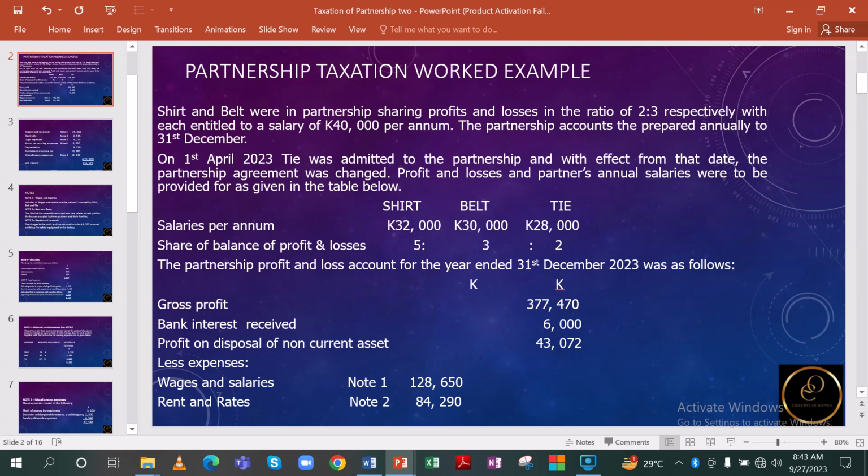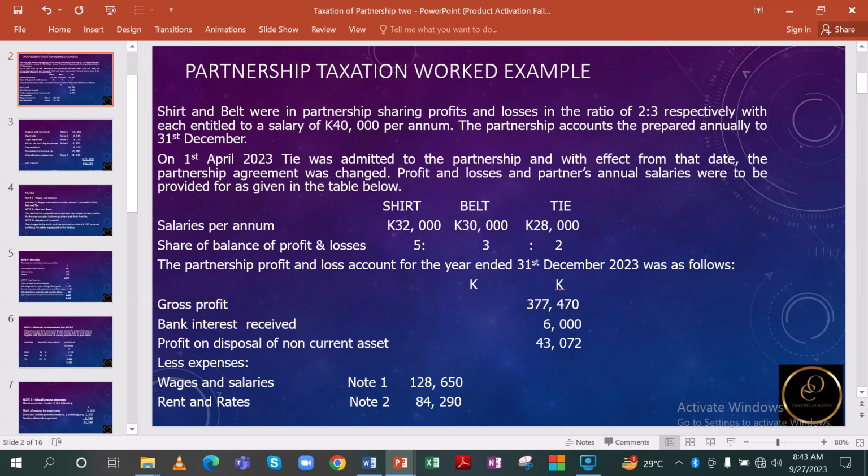Bank interest is an investment income, and investment income is subject to withholding tax, so it is taxed differently. It is not supposed to be part of this computation for income tax. You have to remove it, as it is not taxable income for the purpose of income tax computation.